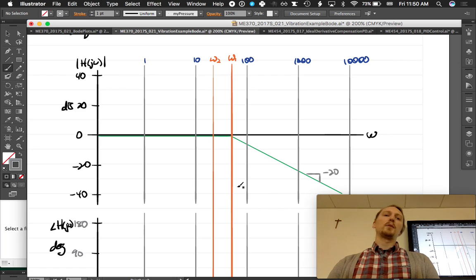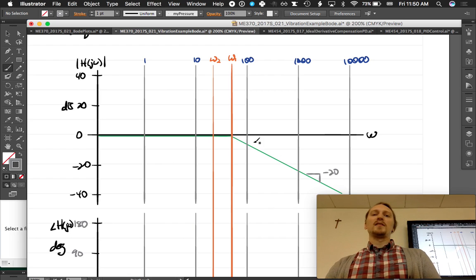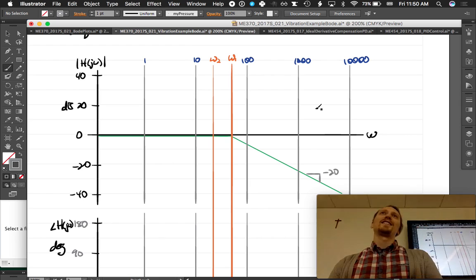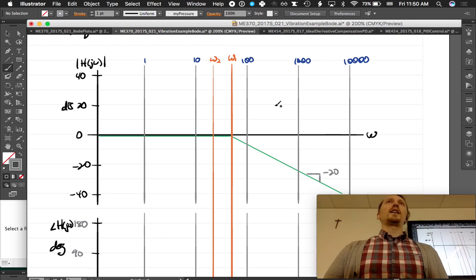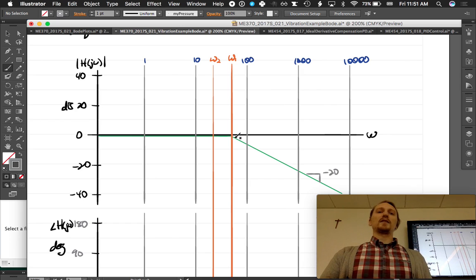If it's going at negative 20 dB per decade, it should take 2 decades to get to negative 40, right? So that's approximately 2 decades later. I'm a little off, but does that make sense? So a decade is a factor of 10, right? So a factor of 10 on this scale is just the same location 1 tick over.